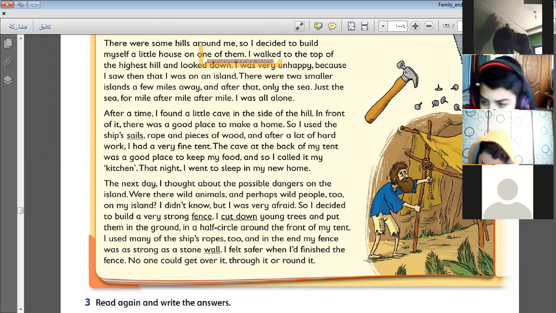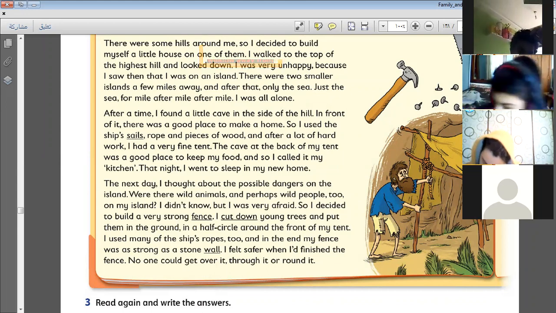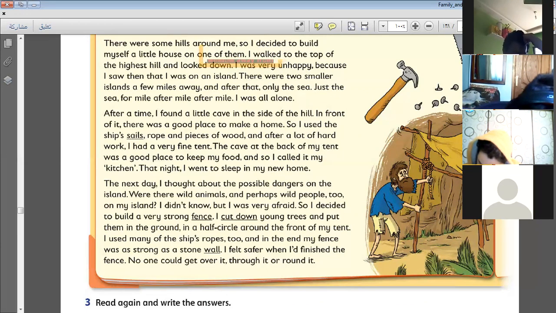Now start reading on paragraph number 3 from line 18 to line 20, on my island. Yes, please. Okay.